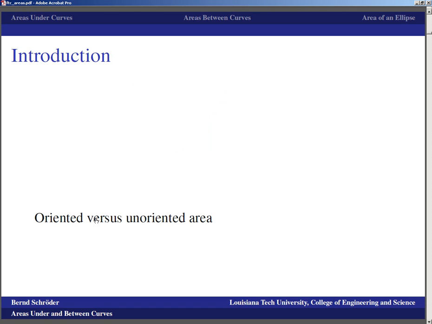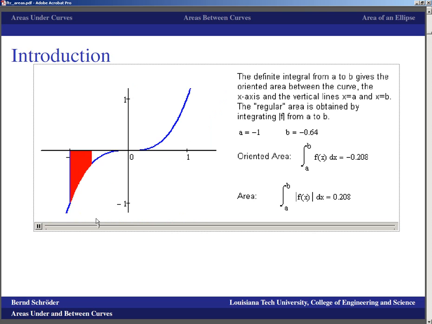Okay. So the thing now is that we somehow need to make sure that as we work out the area underneath a function, we distinguish between oriented area, which will just be the integral, and overall area.